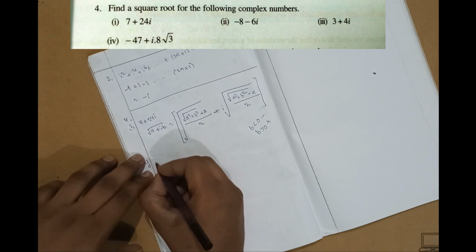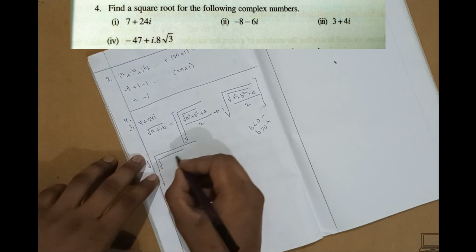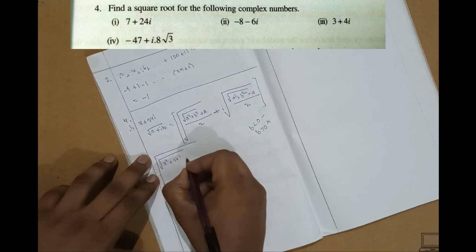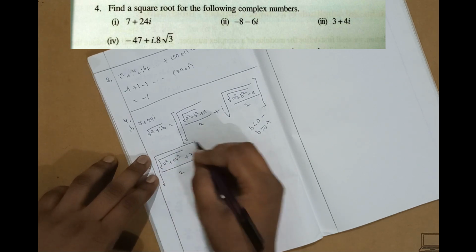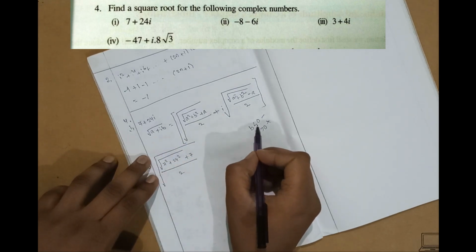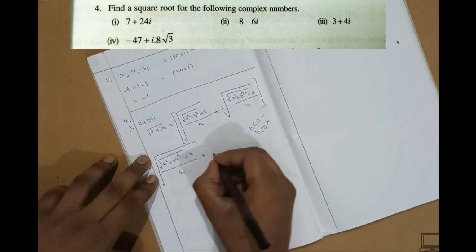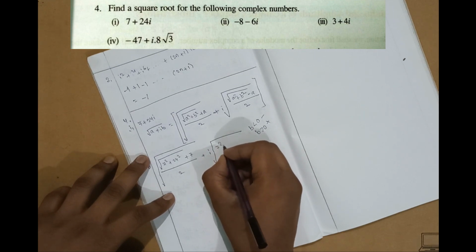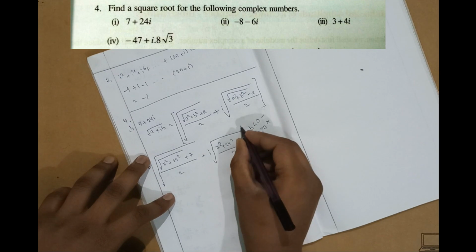So root of under root a means 7 square plus 24 square plus 7 by 2. Here the b is greater than 0, so it is plus i into under root 7 square plus 24 square minus 7 by 2.